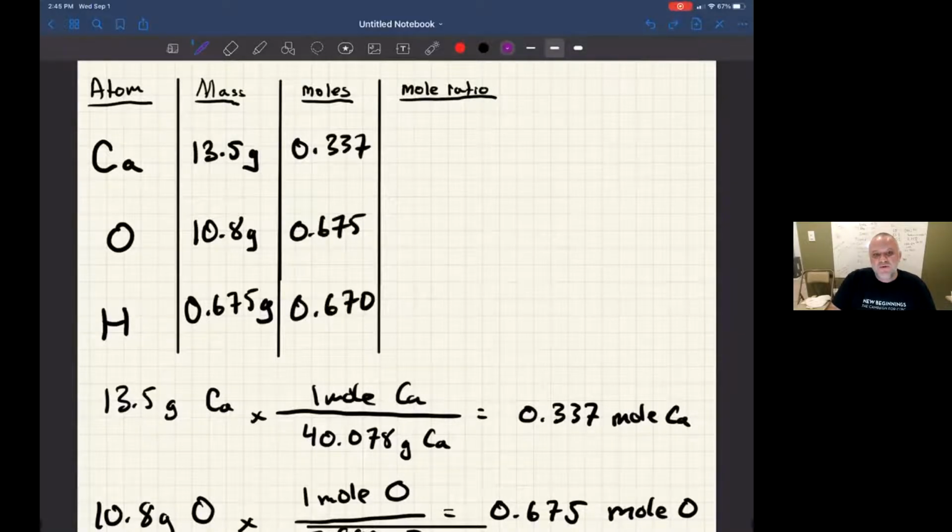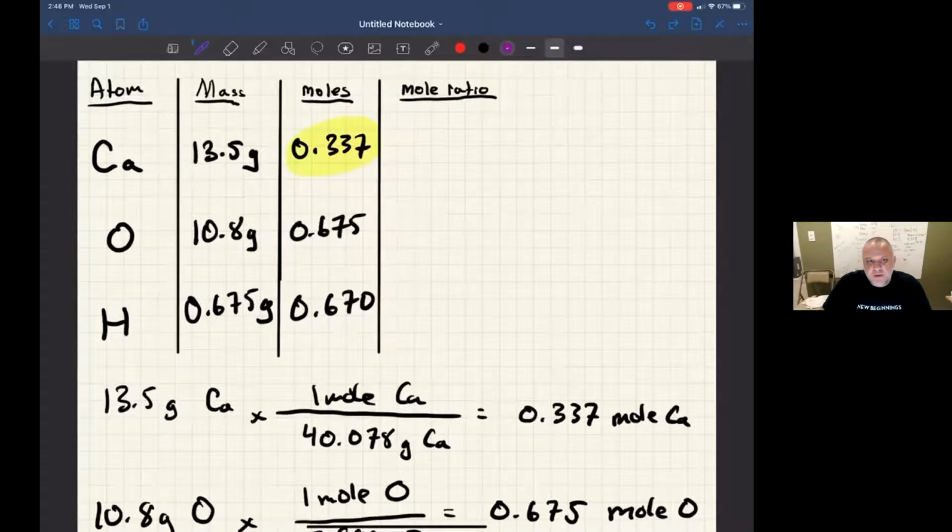And then what I do in order to get the whole number ratio is in this moles column, I find the lowest value. 0.337 is the lowest value of moles. So I want to divide each other value by 0.337.